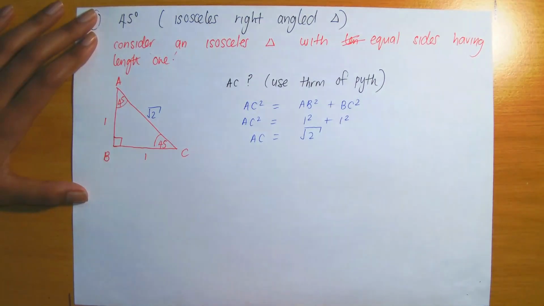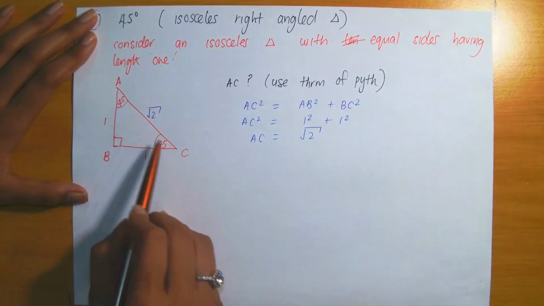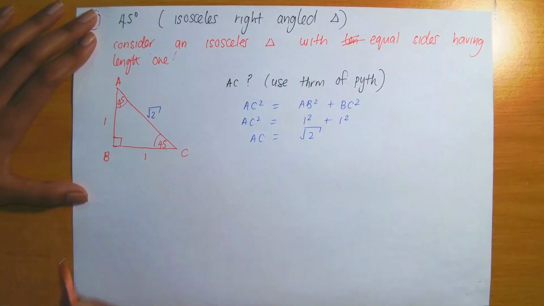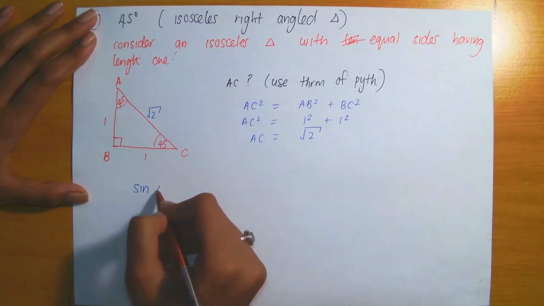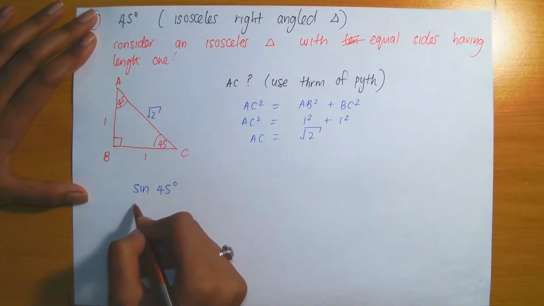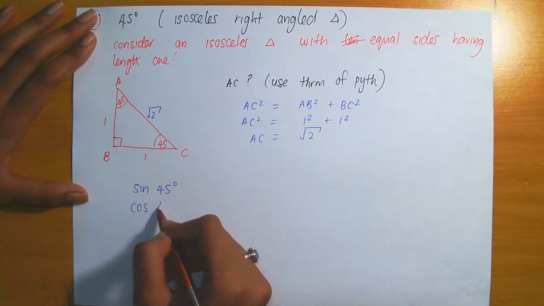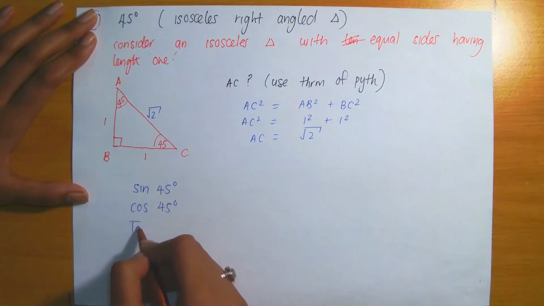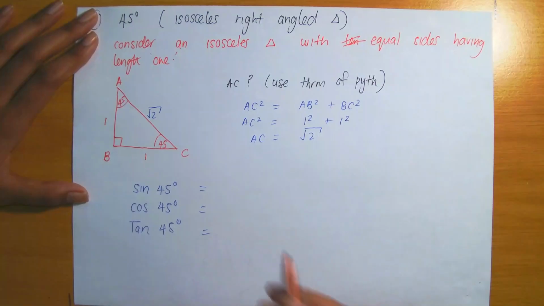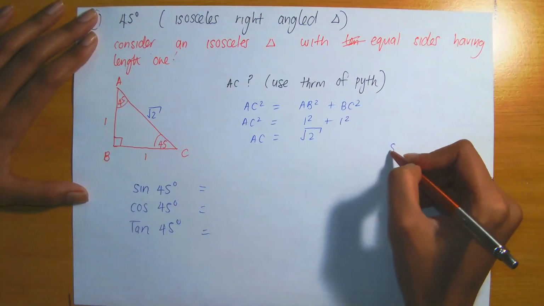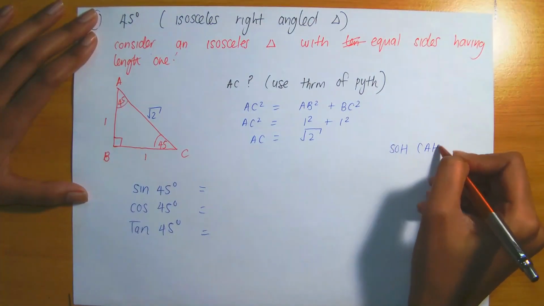And now that we have a complete triangle with all three sides known and all of the angles known, we could now compute the trig ratios at 45 degrees. So I can now compute sine of 45, cos of 45, and tan of 45. Once again, SOH CAH TOA.